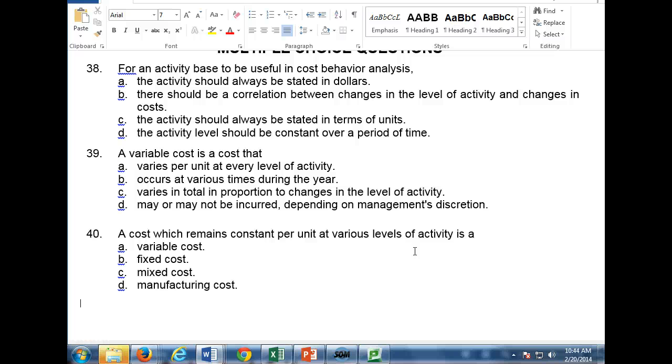Those variable costs are going to increase because if it's $5 per unit, like our example with the barbershop, if we do 100 haircuts, what are our variable costs? 500. If we do 1,000 haircuts, what are our variable costs? 5,000. But are they the same per unit? $5. Okay? So guys, look at the question.